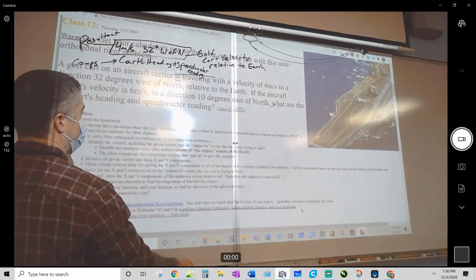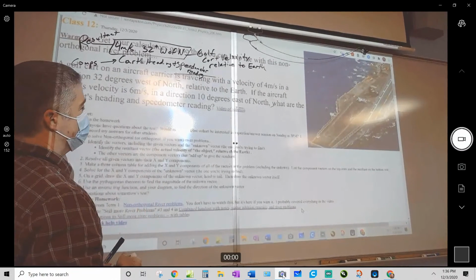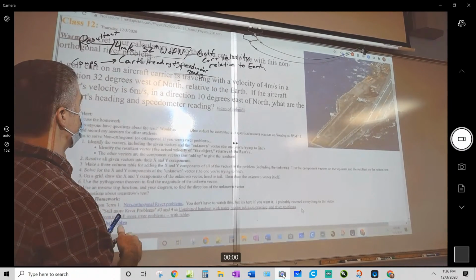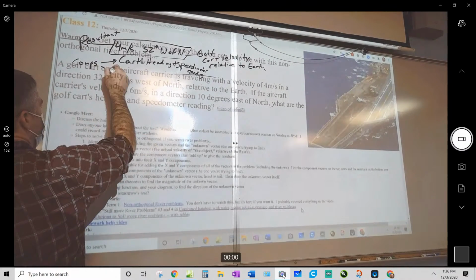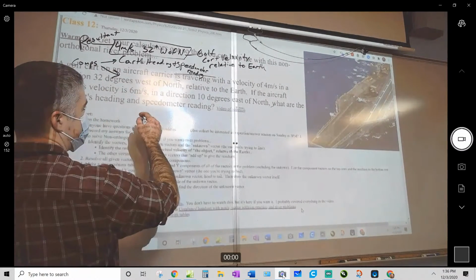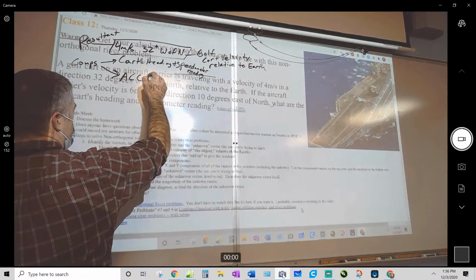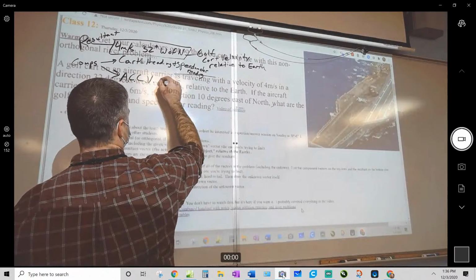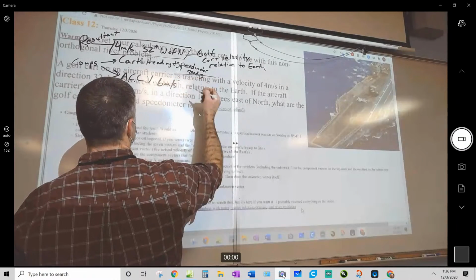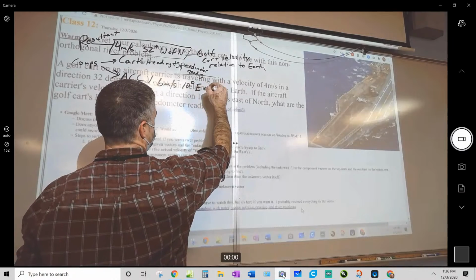So a speedometer reading, unless you're on the ground, isn't going to be the actual velocity relative to the earth. And then the other component, that's the aircraft carrier. So aircraft carrier velocity, which is 6 meters per second, 10 degrees east of north.